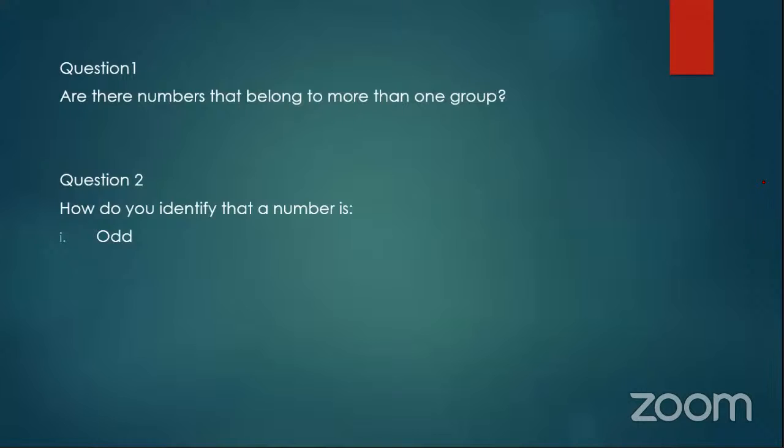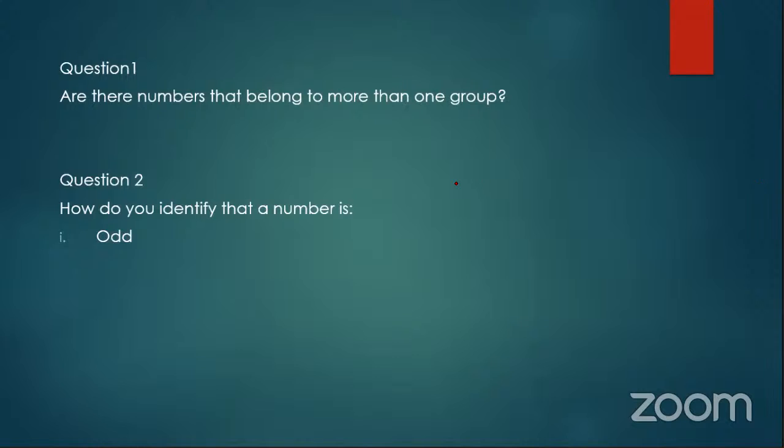Any other? So we have 2 answers. One of them is that we begin with 1 and we keep on adding 2. That will give us an odd number. And then another one said we get an odd number if it is not divisible by 2.